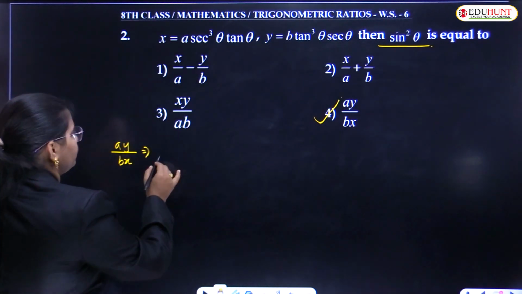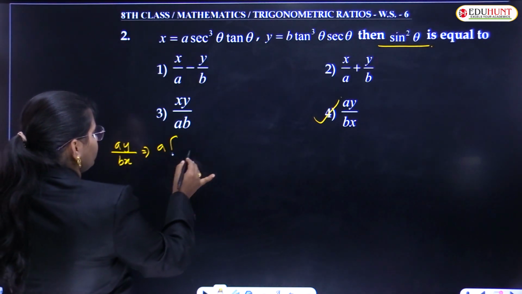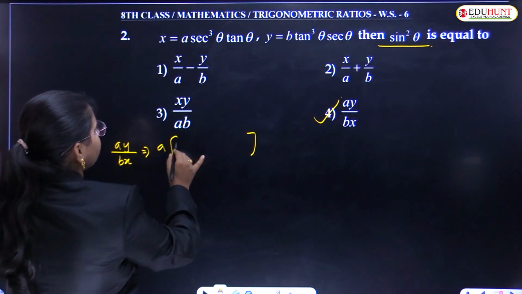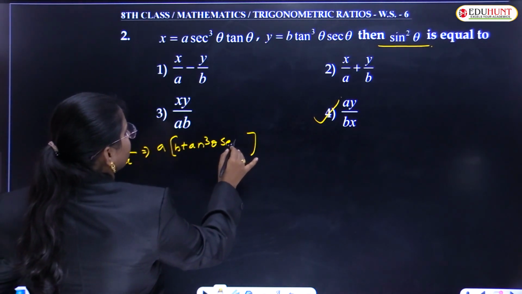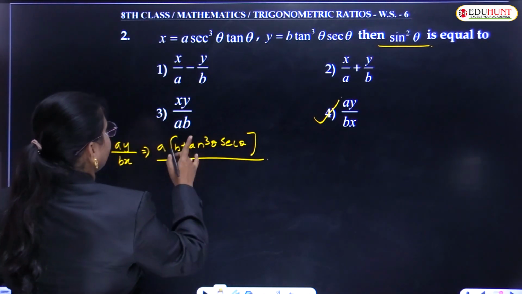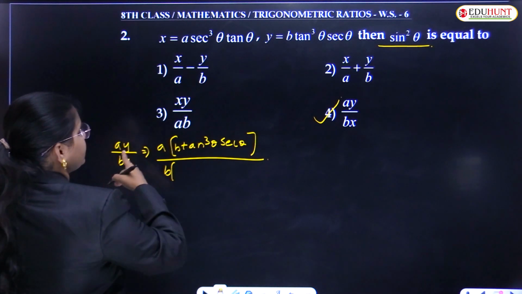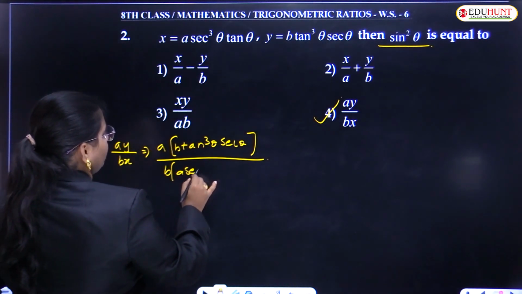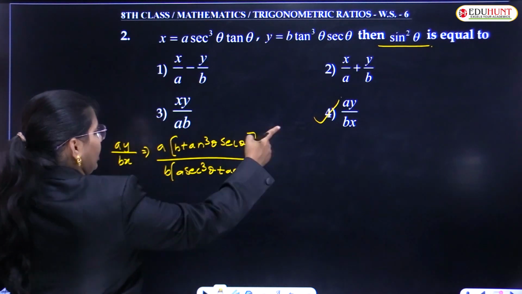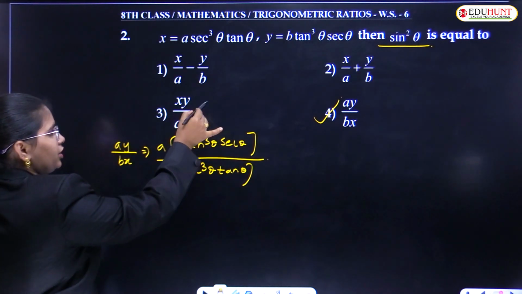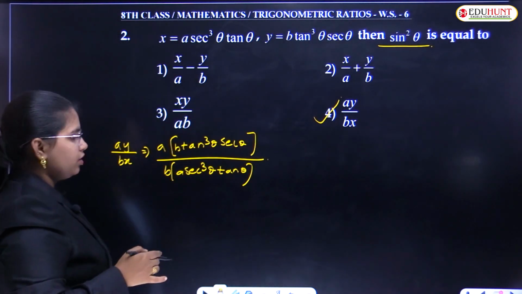So let me check. a into what is y? b tan cube theta secant theta, whole divided by b into what is x? a secant cube theta tan theta. I have taken the fourth option and I have substituted in the place of y and x. Done.